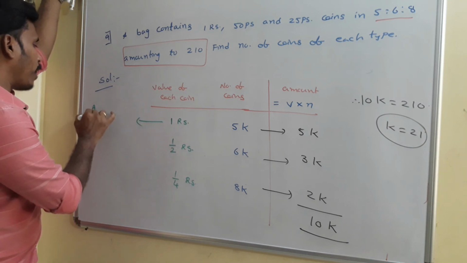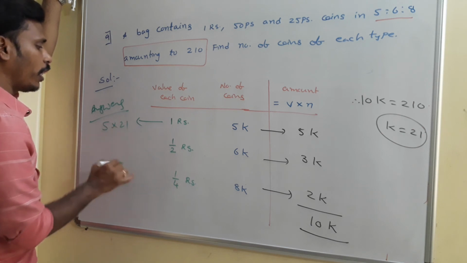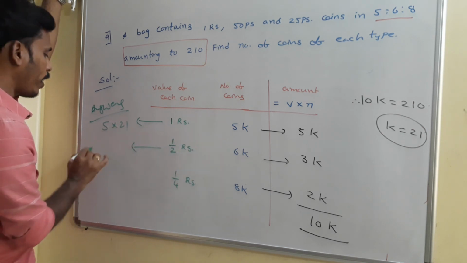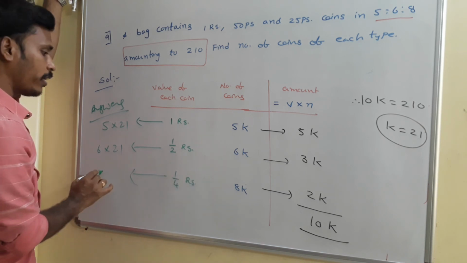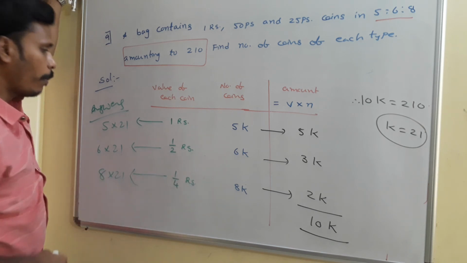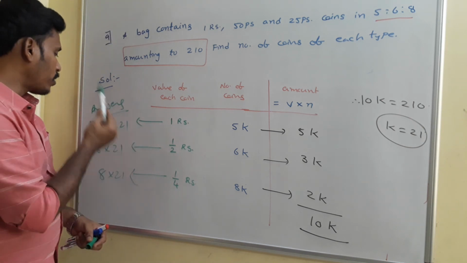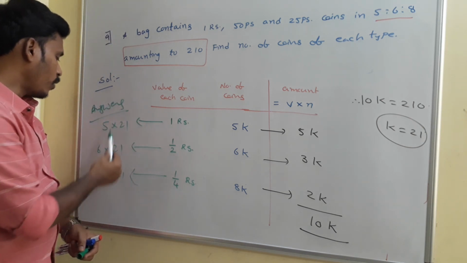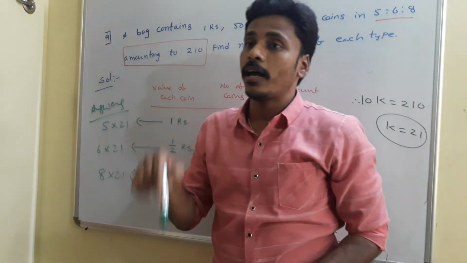So these are the answers I am saying here. Okay. 1 rupee coins are 5 into 21, 105. Half rupee coins are 6 into 21, 126. 1 by 4 rupee coins are 8 into 21, maybe 168. At the end, the numbers are 105, 126 and then 168. Those are the number of coins in the bag.